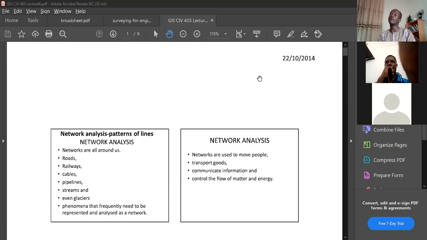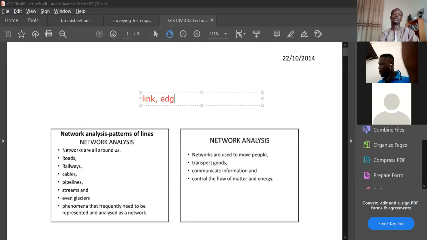Another name for a link is a segment. Another name for it is an edge. So there are about three names we can give to a road link. Between one node and the other, you can have a link, an edge, or a segment.